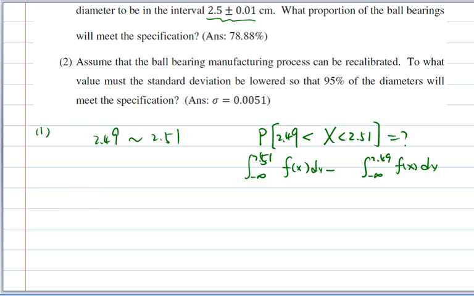I use the z-score. The z-score is x minus mu over sigma. Apparently you have two values here, so I need to calculate two z-scores. The first is z1, corresponding to this. What's mu? Mu is 2.5. Sigma is this, and the other z-score is this.